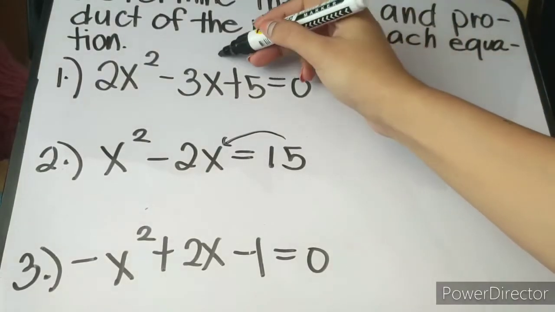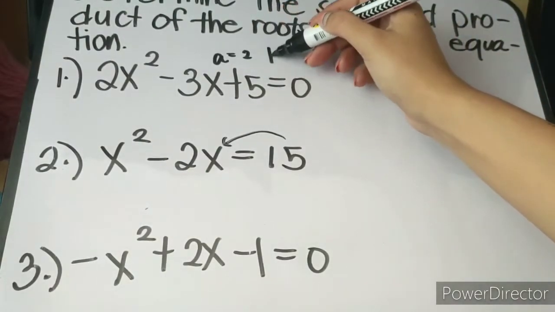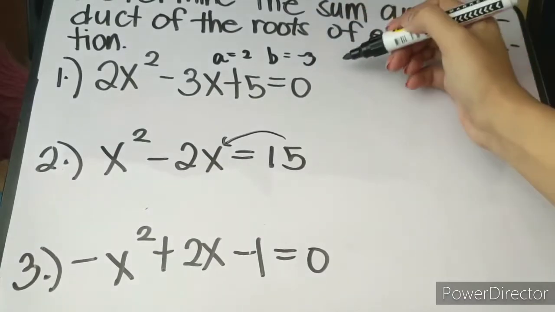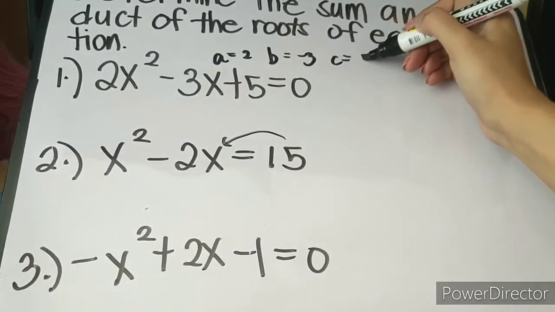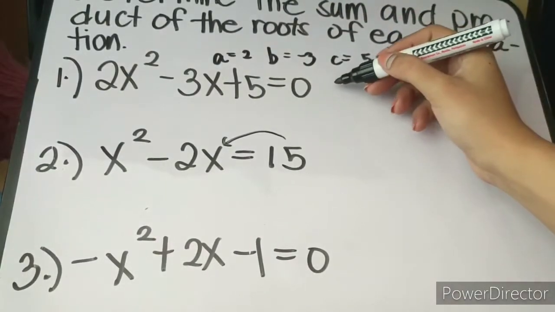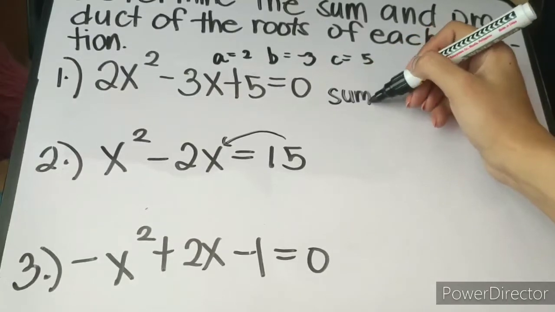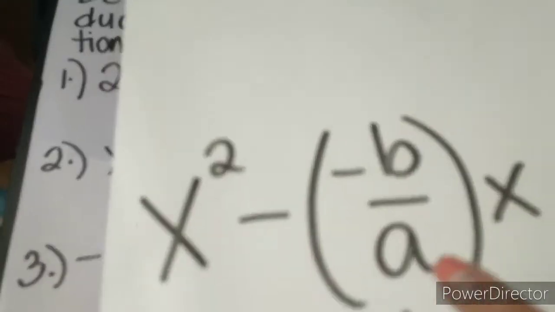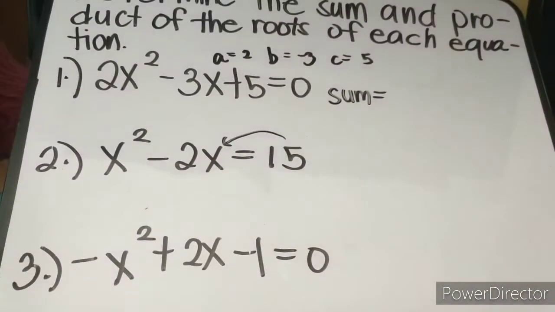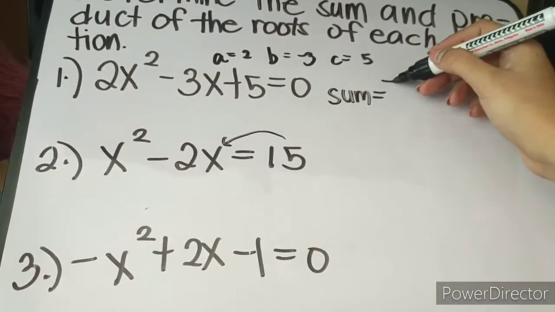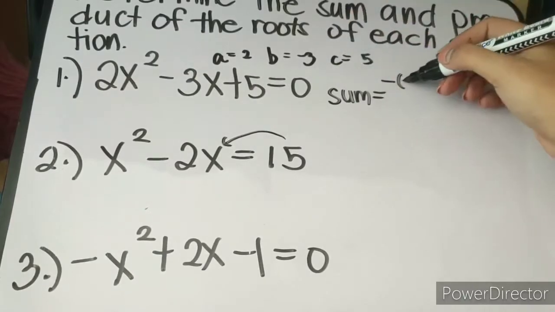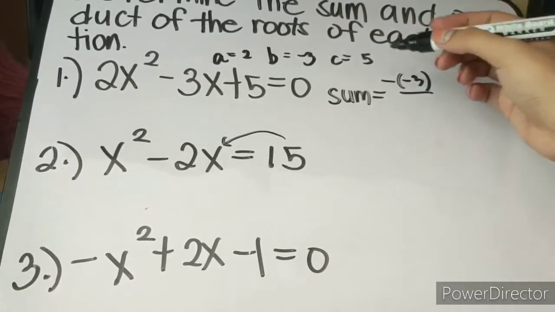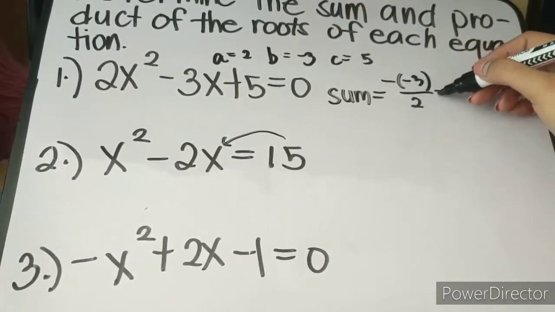Our a is 2. B is negative 3. And c is positive 5. So, hanapin natin yung sum is equals to, again, that is negative b over a. So, negative, dahil negative yon, negative 3 over, ano yung a natin? 2.